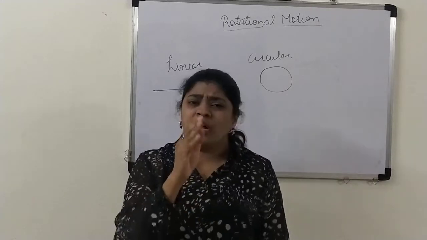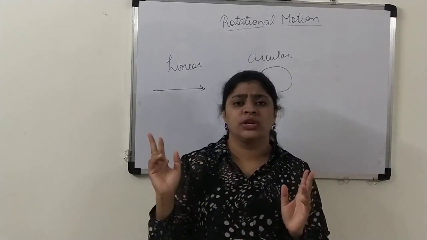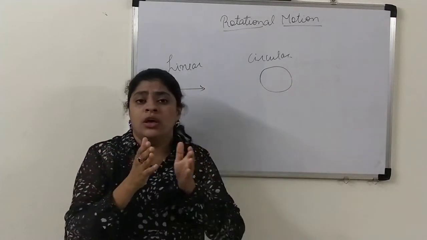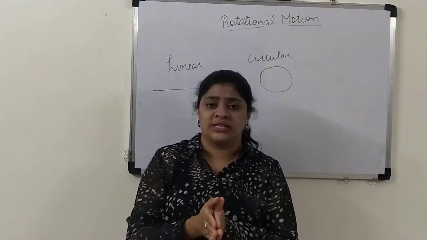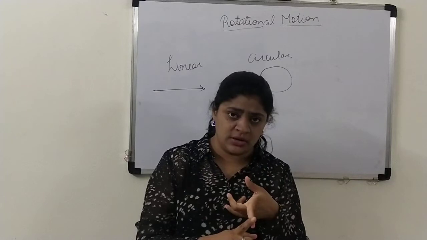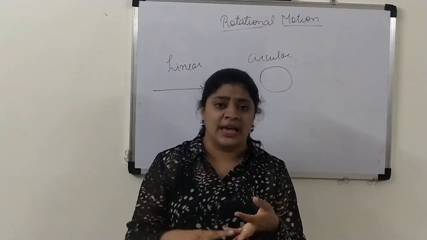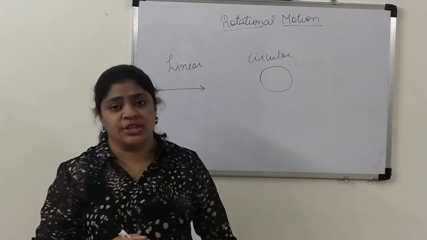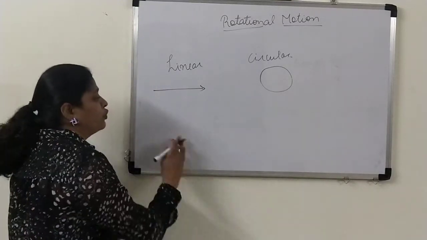So the points or concepts you are going to learn about these two things, or basically you have learned about this, and we are going to start with this. The basic things are going to remain the same: displacement, velocity, acceleration, right? But the symbol changes. That is what I want to show you first.